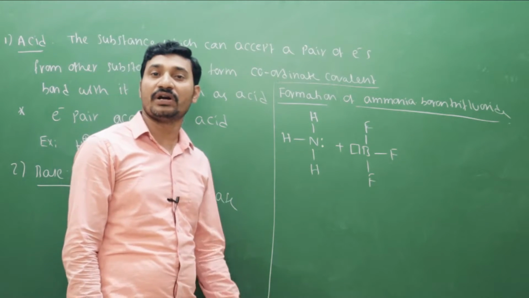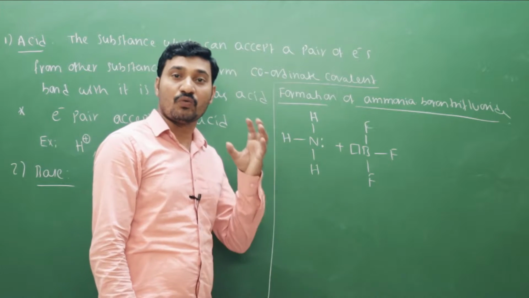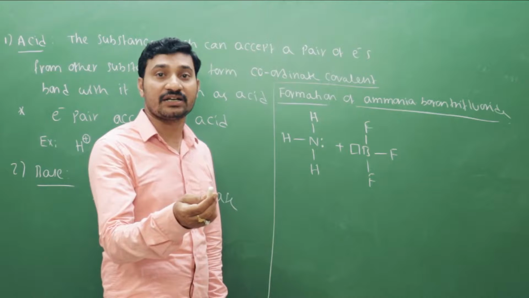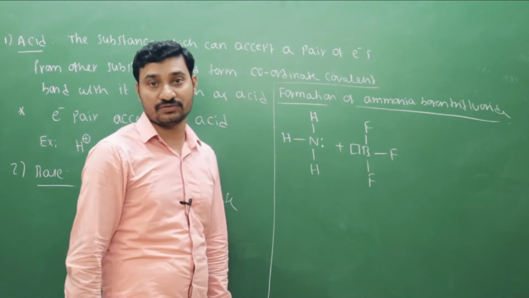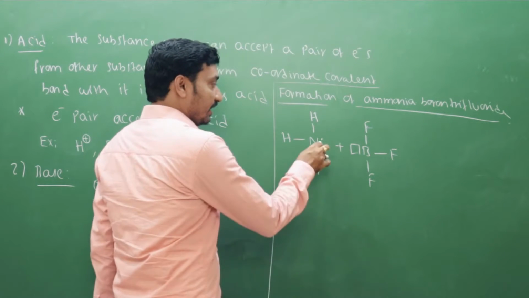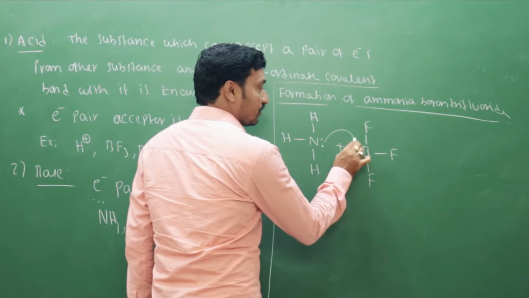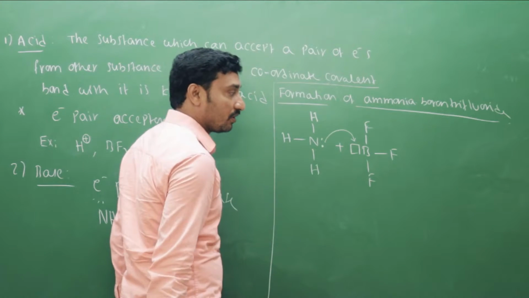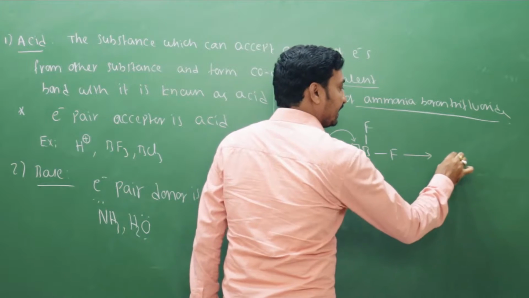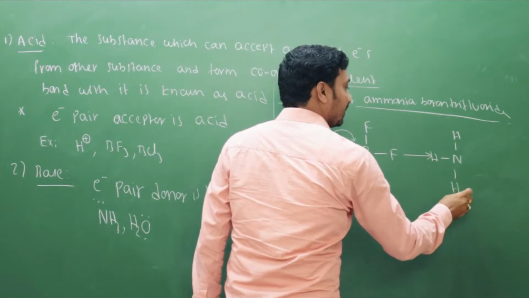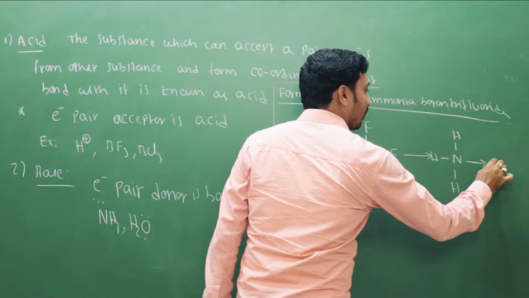In the formation of a coordinate covalent bond, what happens? One atom donates a pair of electrons and another atom accepts that pair of electrons. Here nitrogen donates a pair of electrons to the vacant orbital of boron and forms a dative bond, that means a coordinate covalent bond, between ammonia and boron.